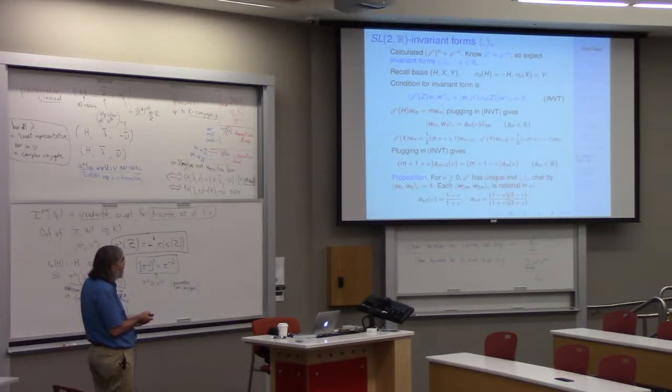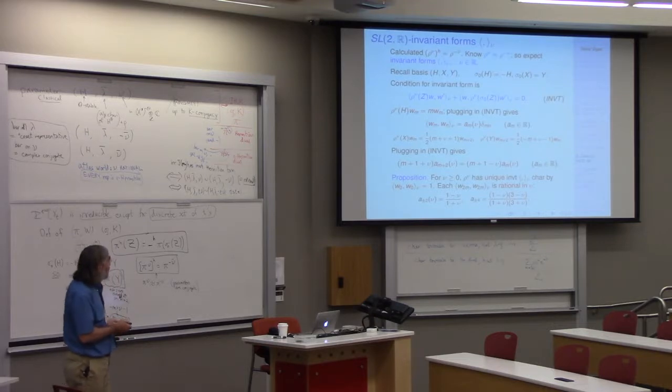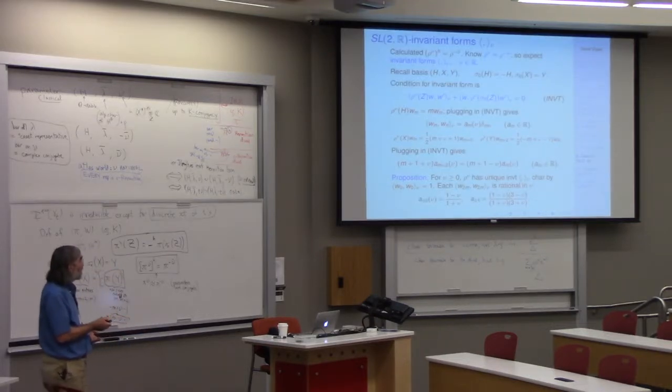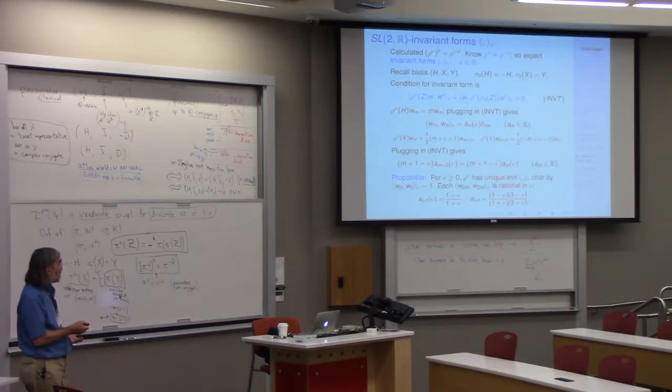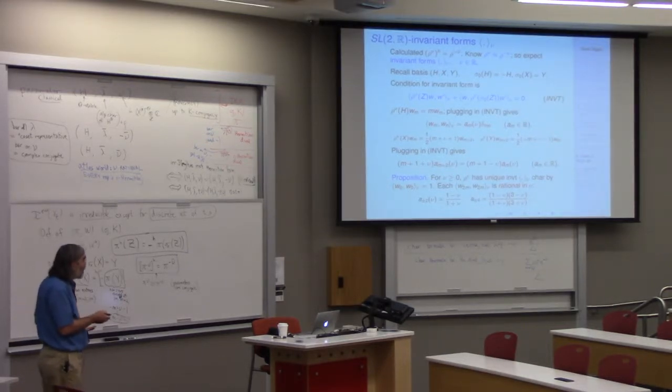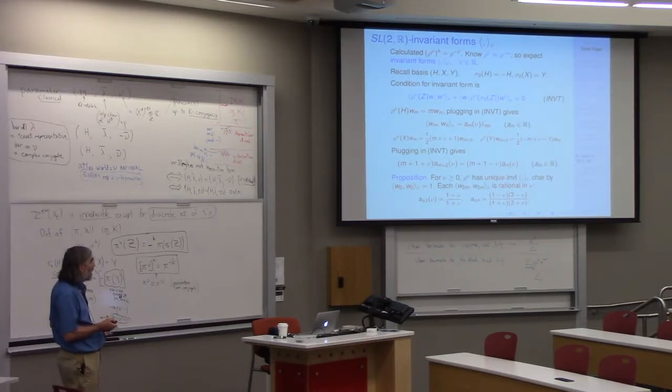The pairing of W2M with itself, that's what I call A to M, is a rational function of nu. And you can compute those recursively. There's the recursion relation. And so I said A0 of nu is chosen to be 1.